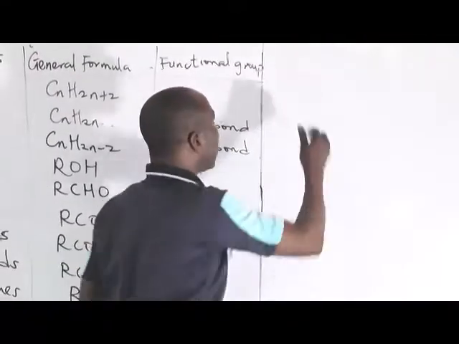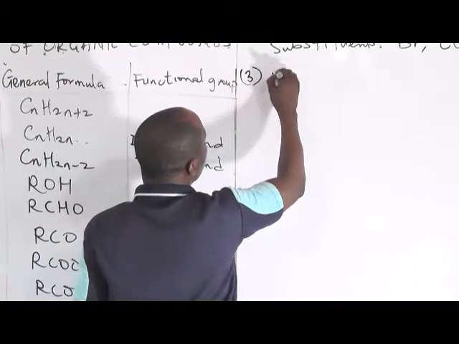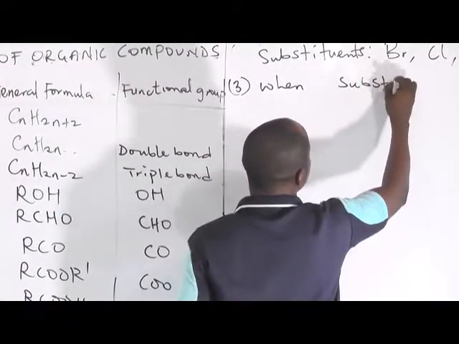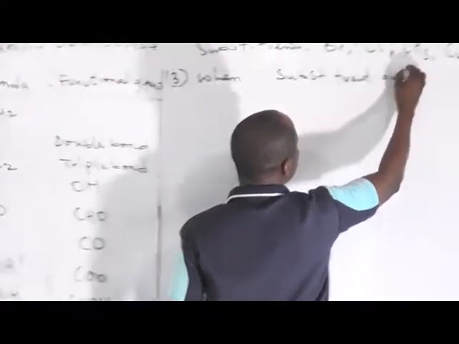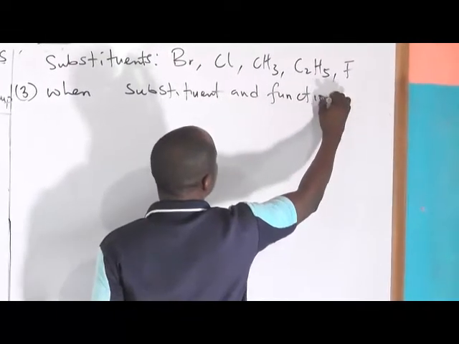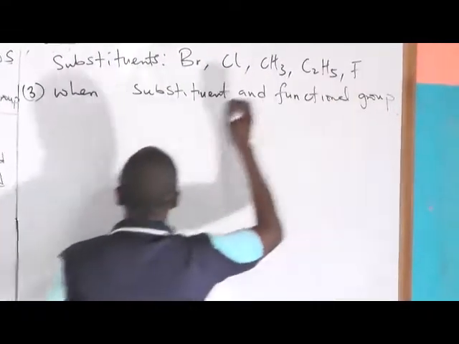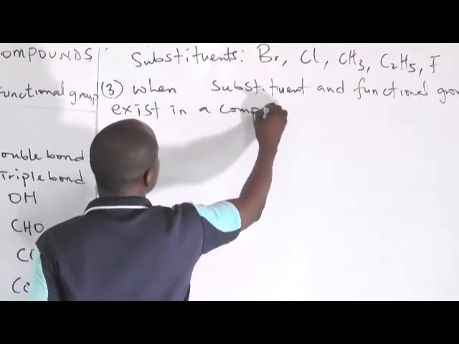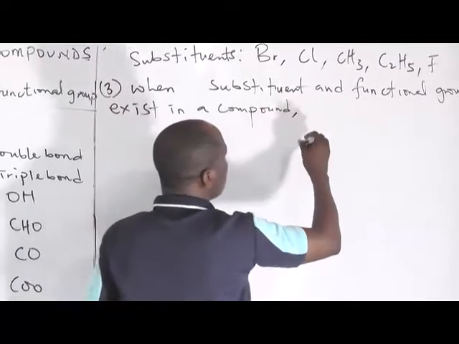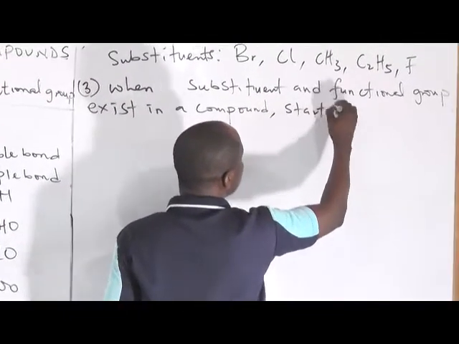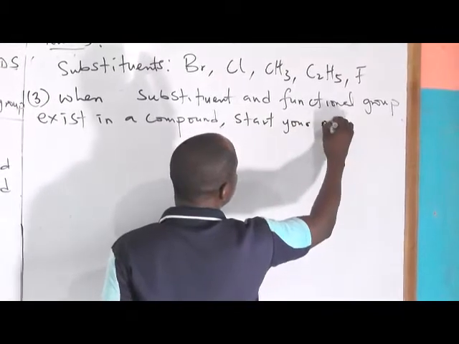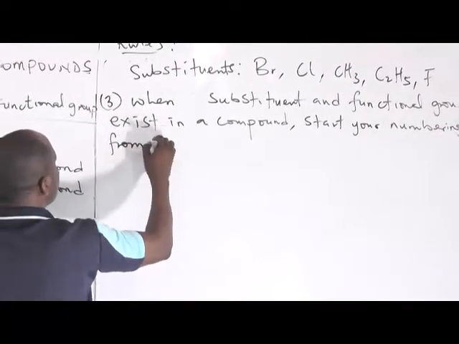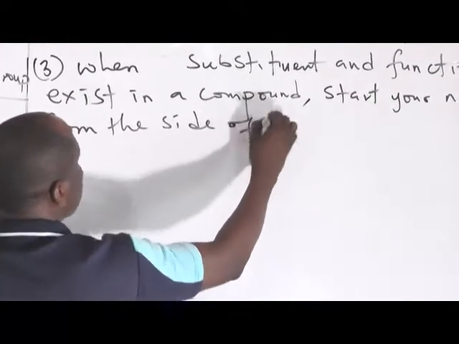So rule 3 is saying, when a substituent and a functional group exist in the compound, start your numbering from the side of the functional group.